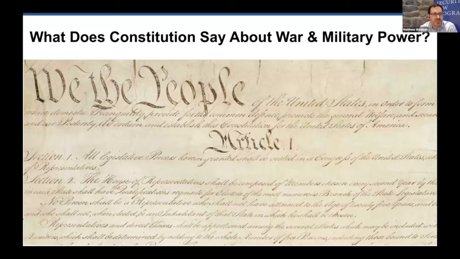Many of the founders wanted to check government's inclination towards war, not only because they were concerned about the diplomatic or security dangers of military adventurism or provocations, which we might think of as the external risks of war powers, but also because they feared the internal effects of war.